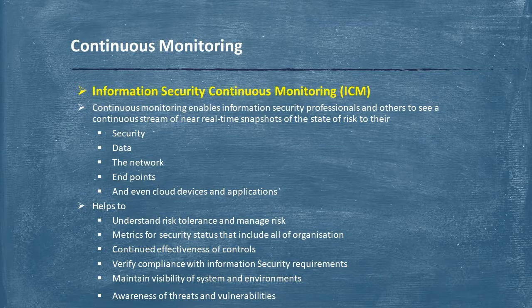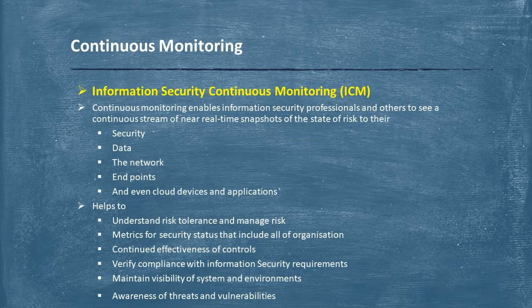In near real time, we want to have a snapshot of what is happening to the security controls, whether it is working. What is happening to the data and the network endpoints and even cloud devices and applications.